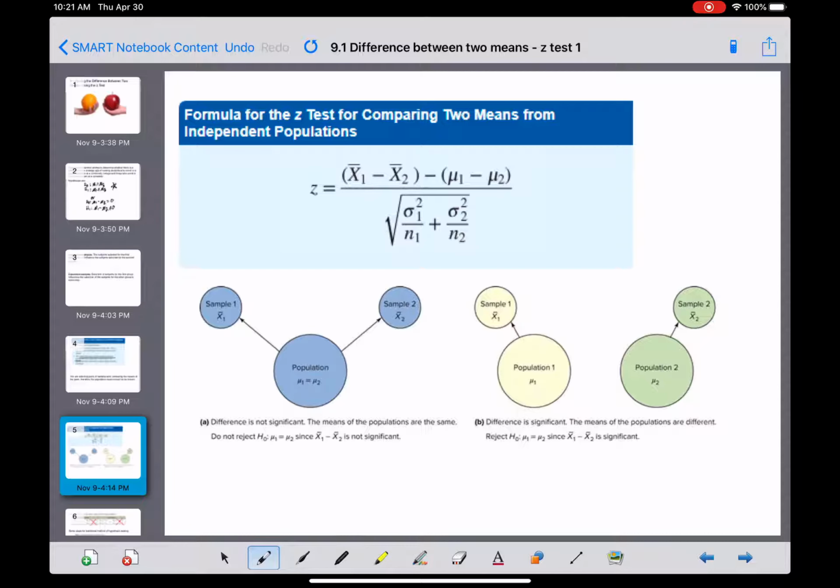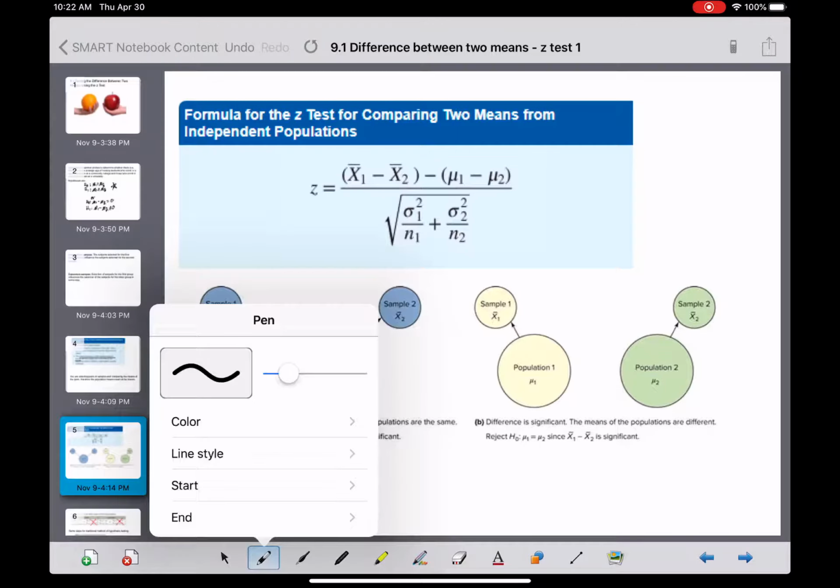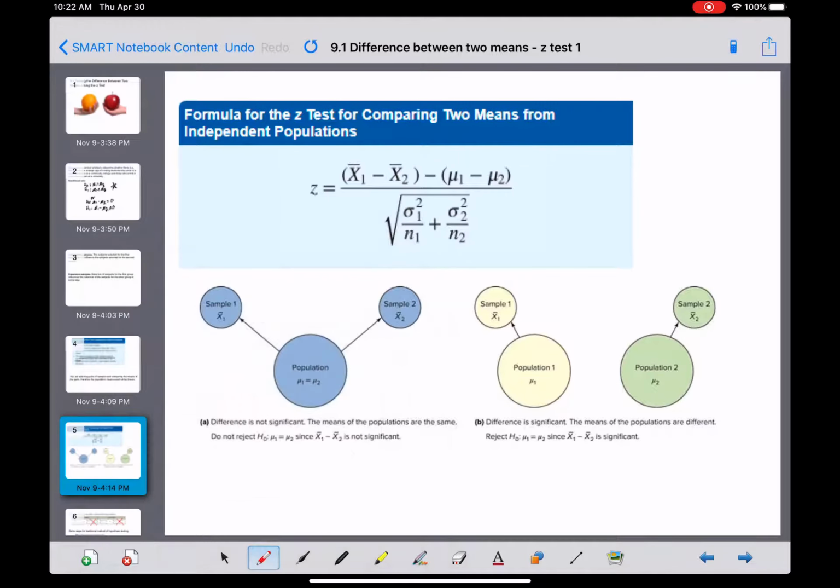Okay, so our formula for the z-test for comparing two means is this. So x1 bar and x2 bar, those are your sample means. And then these are your hypothesized population means. So remember that if mu1 is equal to mu2, that's hypothesized, then mu1 minus mu2 is going to equal 0.